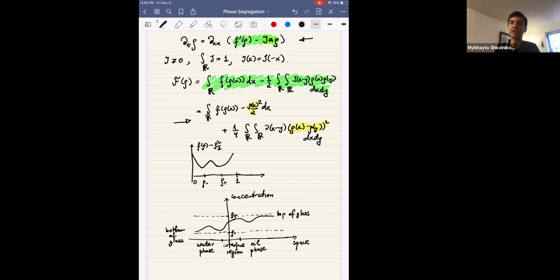Now, the equation for rho describes the evolution of all three regions in some sense. But if you want to really understand how the interface region is behaving, how it moves, it's difficult to infer that directly from the Giacomin-Lebowitz model itself. First of all, you would need to define this interface region.